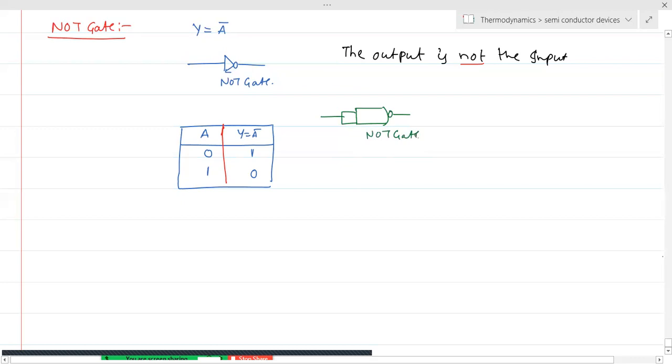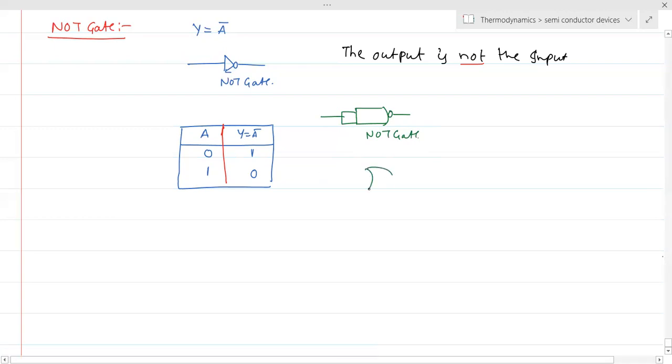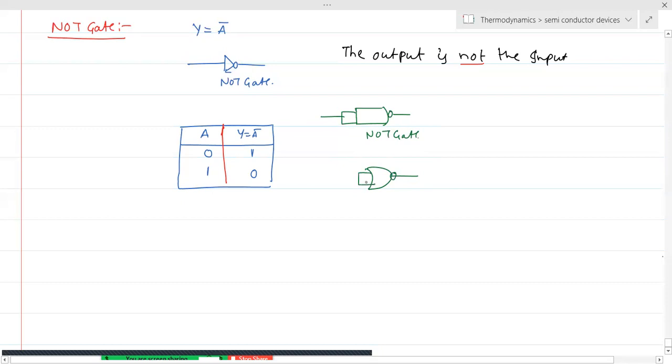So this is also treated as a NOT gate. And we also have NOR gate like structure. This is OR, and when we add a 0, we call it NOR. So single input and single output.